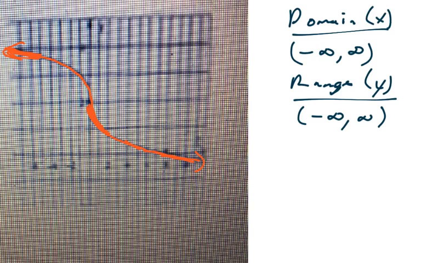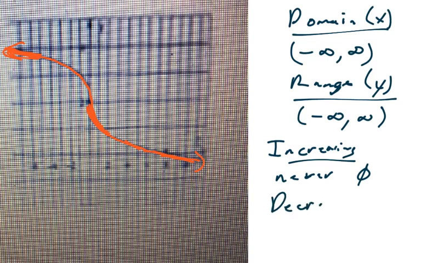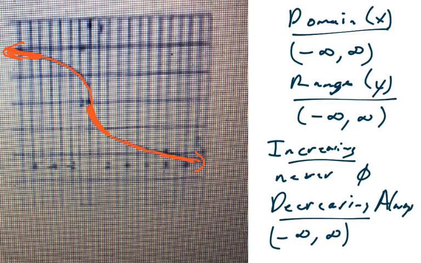It's never going up. It's always going down. So this time, we would say for increasing, okay, increasing, this is the one where we would say never, does not exist. It's the empty set. Decreasing is what it's always doing. So this one we would say from negative infinity to positive infinity, or we would just simply say always. Okay?